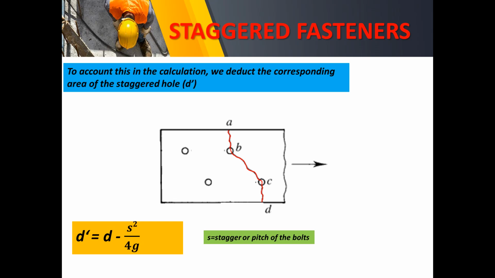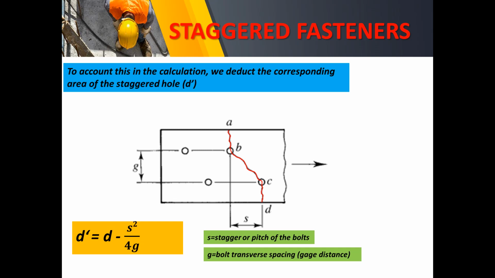S is the stagger or pitch of the bolts. Say this is the S, and G is the bolt transverse spacing, or what we call the gauge distance. Hence, your net width will be equal to your gross width less the summation of this D prime.